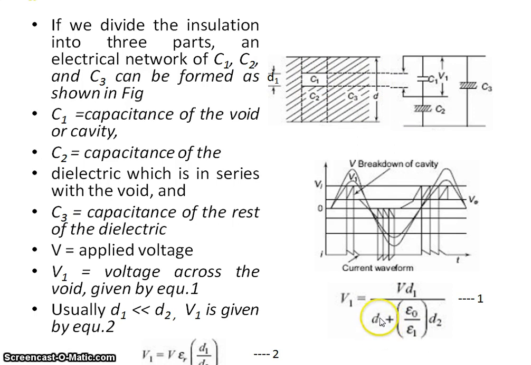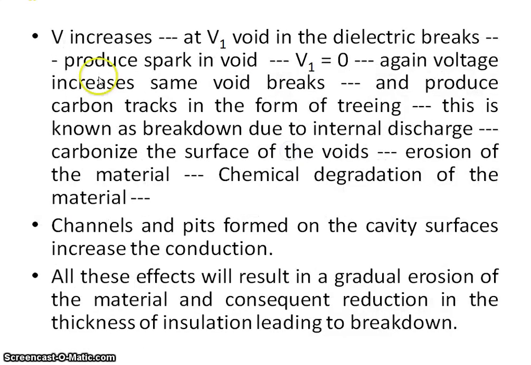When we neglect D1, we have equation number 2, that V1 is equal to V epsilon r D1 upon D2, where epsilon 1 upon epsilon 0 is epsilon r. So we can say this is the voltage across this gap or the void.